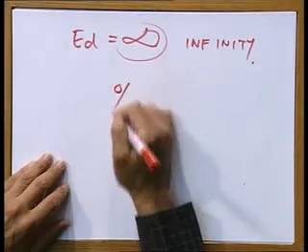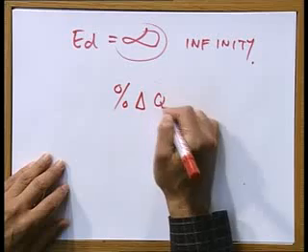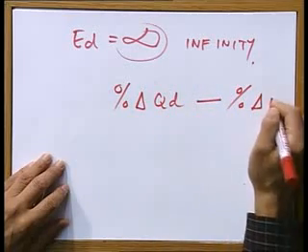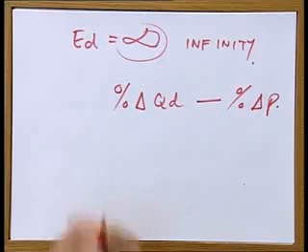When we look at the general definition of elasticity, it simply means what will happen with the percentage change in the quantity demanded because of the percentage change in the price. Now let's look at practical numbers. A slight change in the price will cause a very large increase in the quantity demanded.